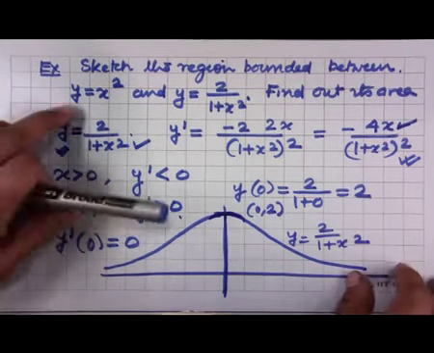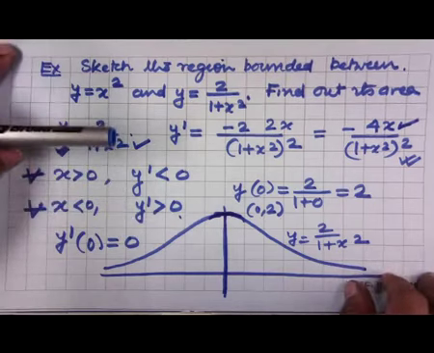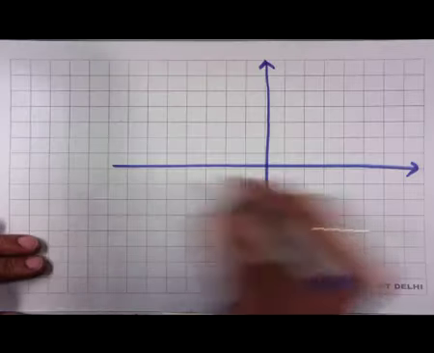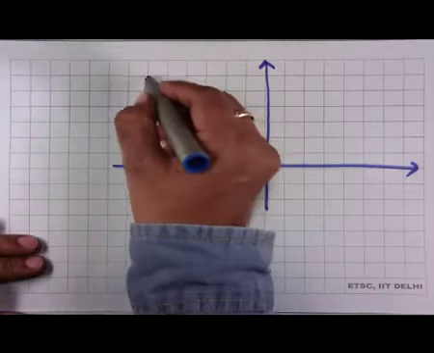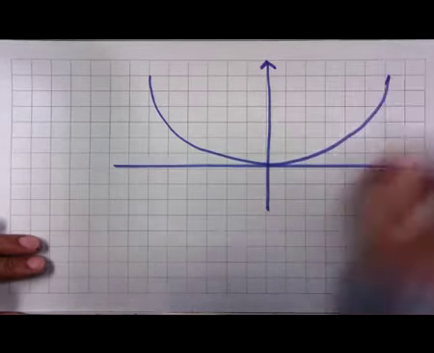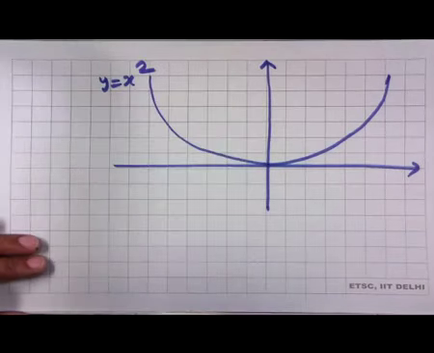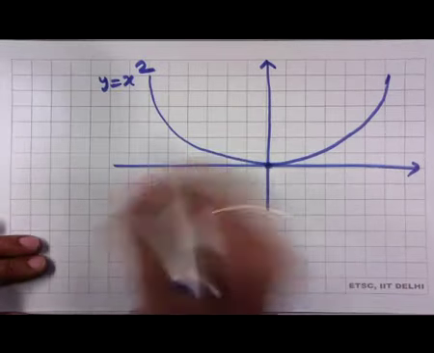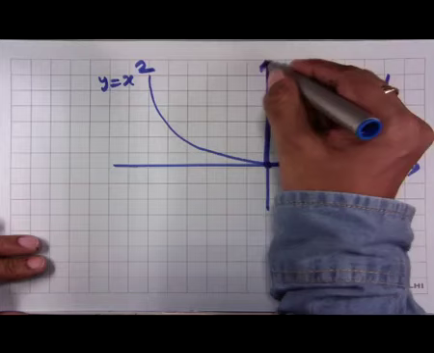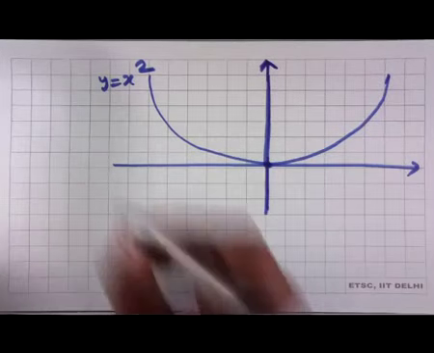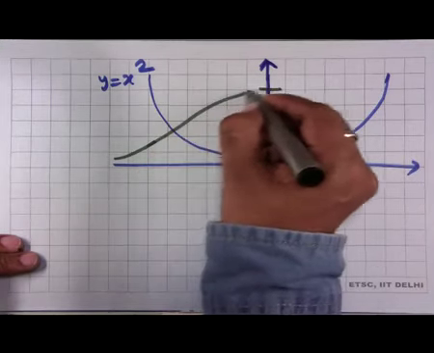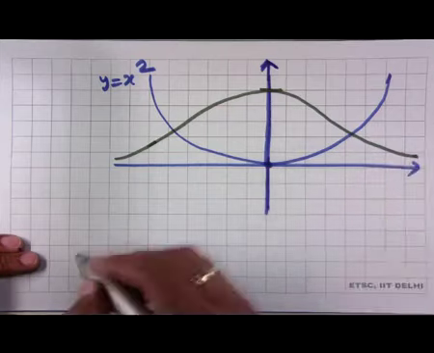Now, let us plot y equals x square and y equals 2 upon 1 plus x square. So, let us plot both curves in the same plane. So, your parabola y equals x square has vertex 0 0, axis y axis, and the other curve is represented by this.